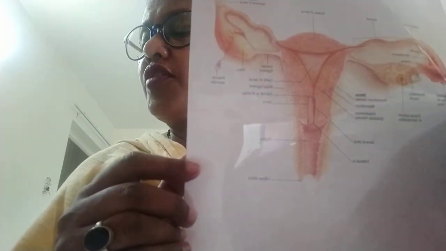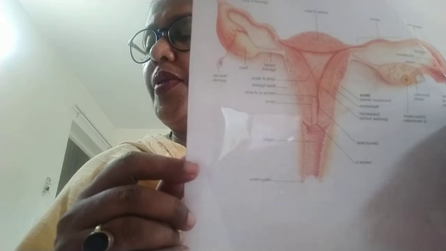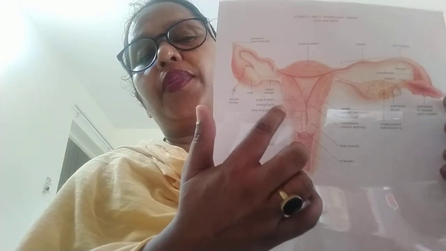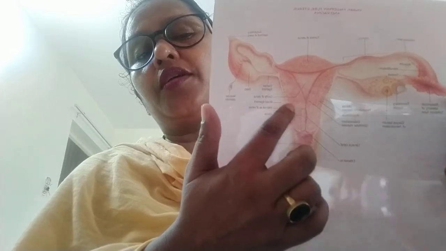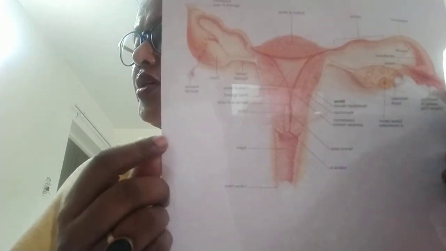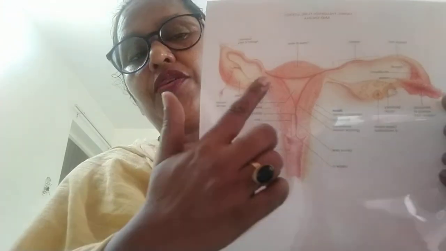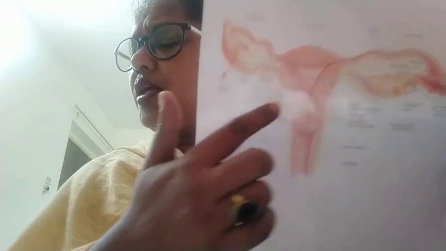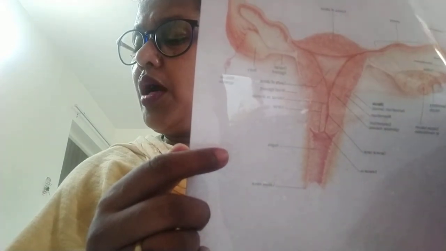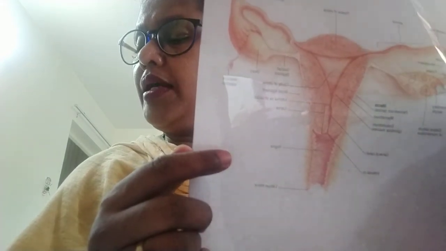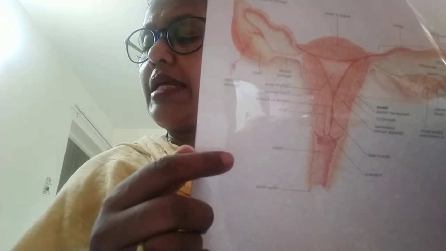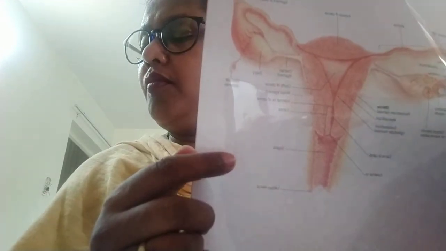The wall consists of 3 layers from outside to inward: perimetrium, myometrium and endometrium. The innermost layer of the uterus is the endometrium. The perimetrium is the outer peritoneal coat, which invests the entire organ except along the lateral border.